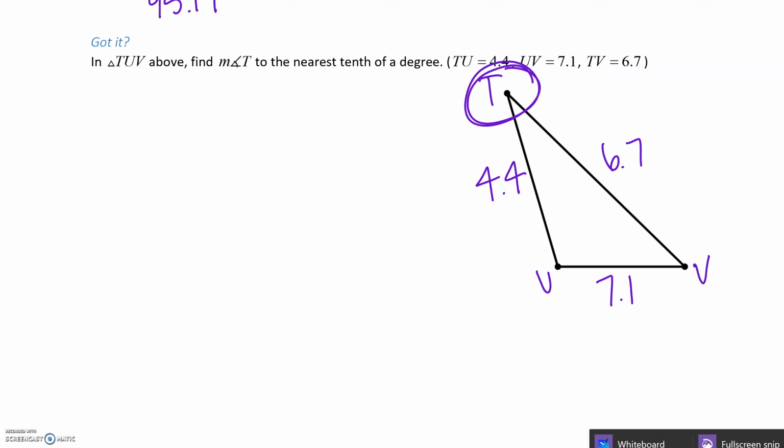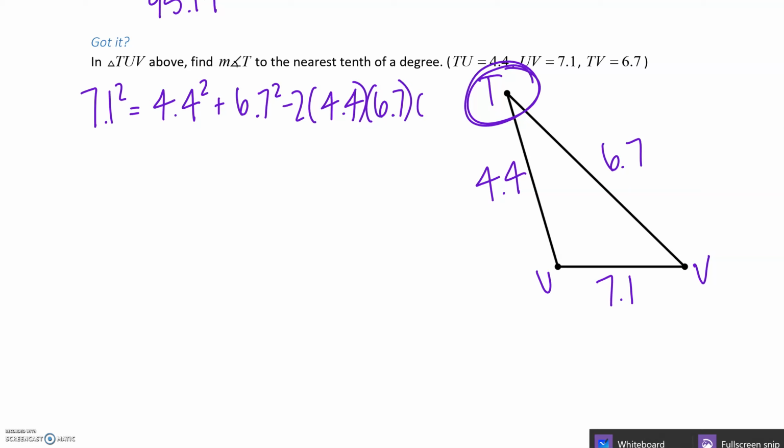So we are going to have 7.1 squared equals that 4.4 squared plus 6.7 squared minus 2 times 4.4 times 6.7 cosine of T.